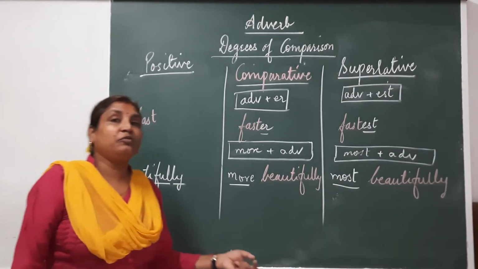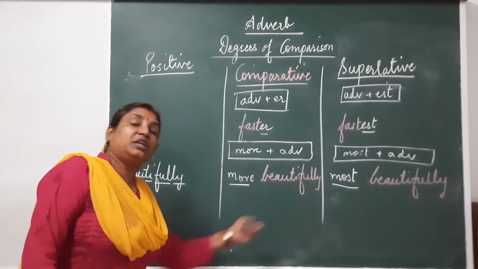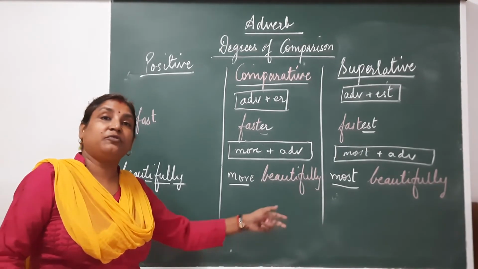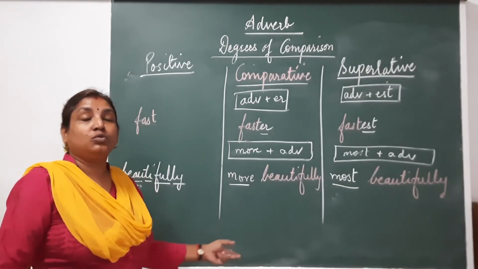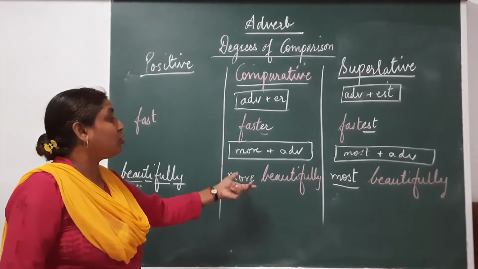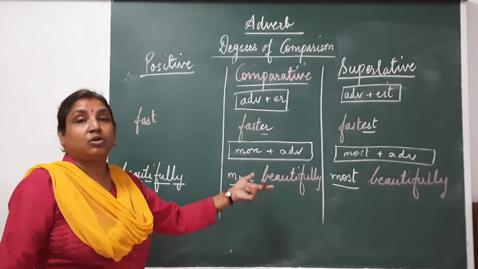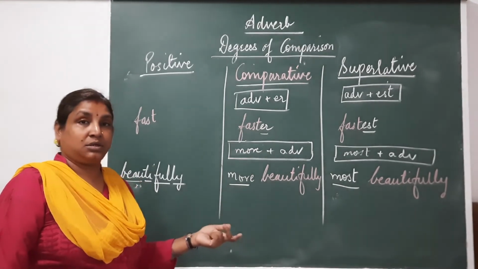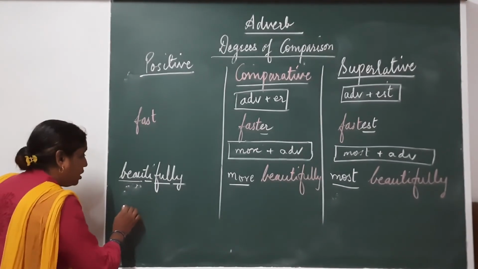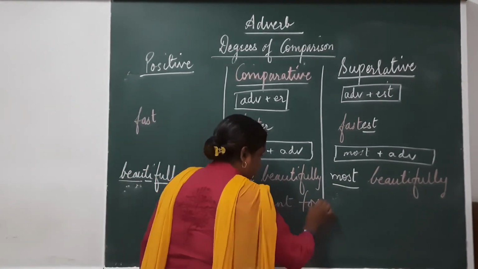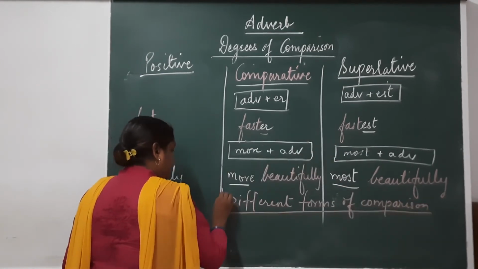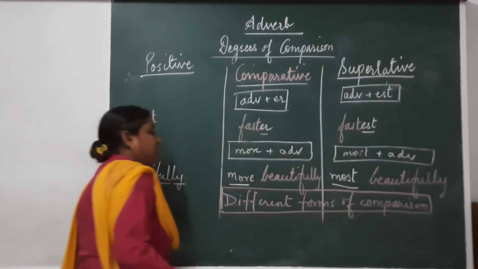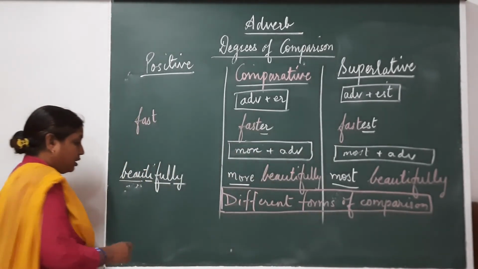Then there is one more way where all the three forms differ from one another. All the three forms are different and they are not linked with each other, nor can you identify them easily because there is no more and most or er or est. For example, well. So you have different forms of comparison in comparative and superlative.